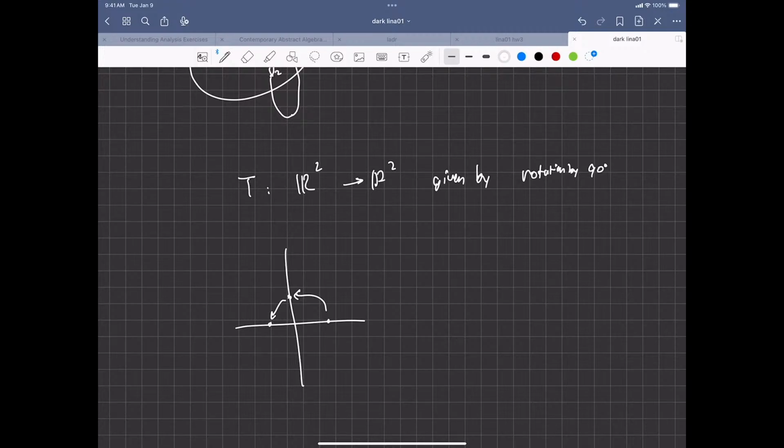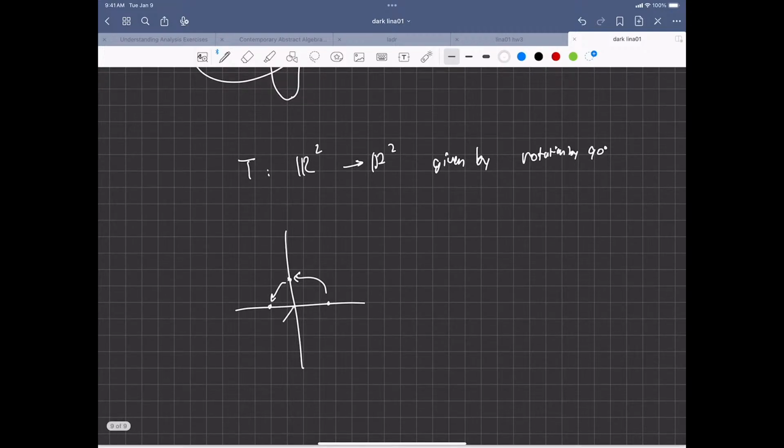An example of a subspace of R2 is a line through the origin. So this line here is simply x in R, which is a subspace of R2.